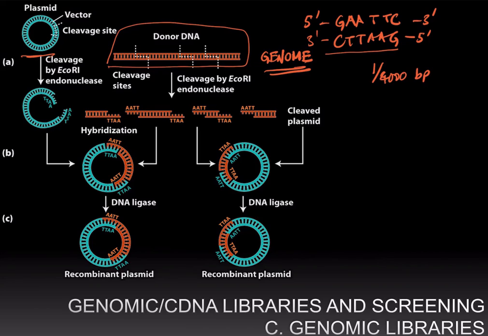So if we take the entire genomic DNA and treat it with EcoR1, it's going to cleave in several locations, once in every 4,000 base pairs, and we will end up with genomic DNA fragments with an average length of about 4 kilobase pairs.